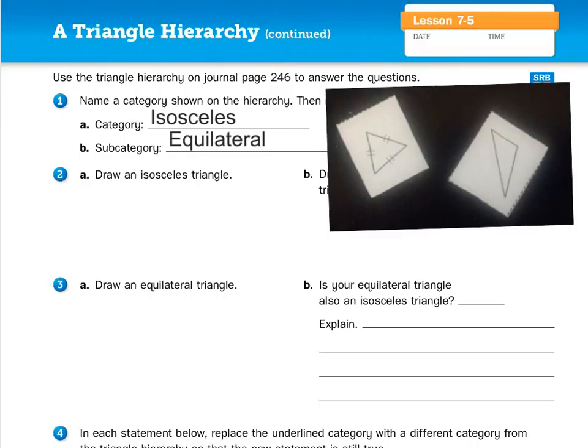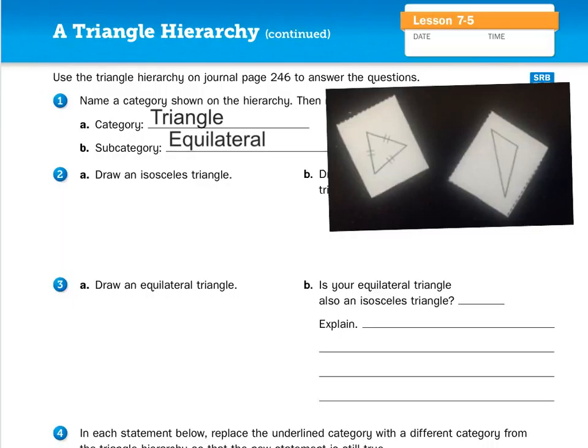So now I need to take a look at that second triangle that I also had down there. Does that fit into the isosceles triangle category? It doesn't, does it? Okay, so let's think of a new category for that triangle. That's basic, a triangle. So that category for that particular triangle basically is going to go into the triangle category.